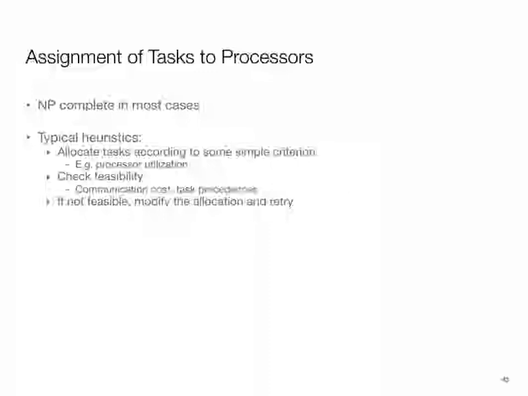So a bunch of tasks go onto one processor, another set of tasks go to a different processor, and then at each one of them I let a static priority scheduler run, and my hope is that I meet the deadlines that I'm given. Each one of these two steps is hard. So allocation is hard, and I described how ILP could be used for it. What about feasibility? I claim feasibility is hard.